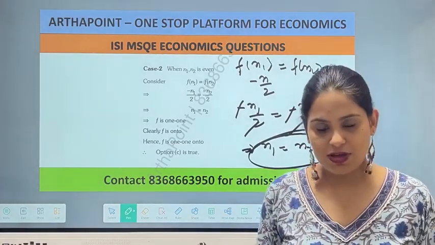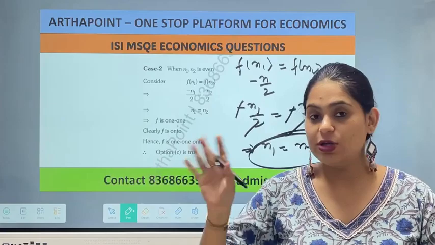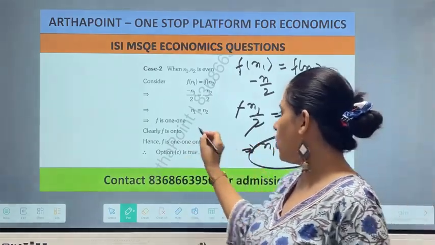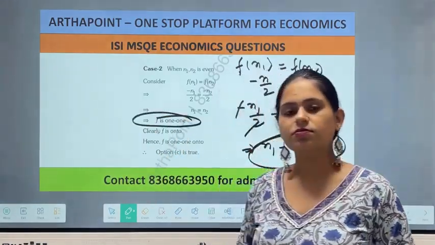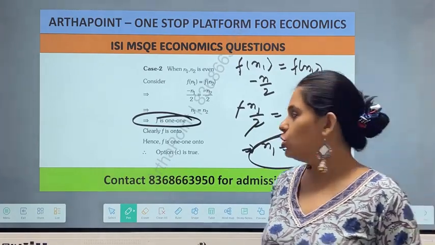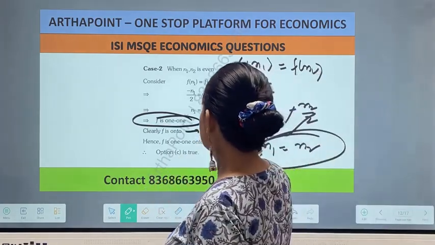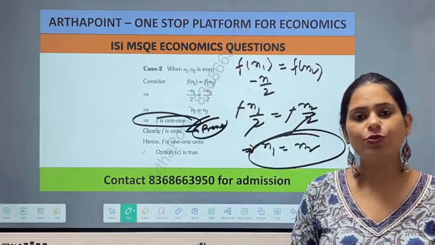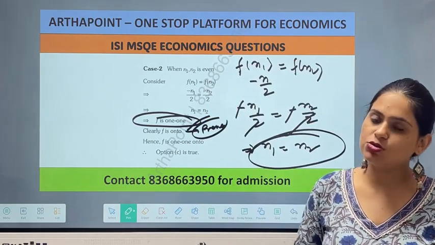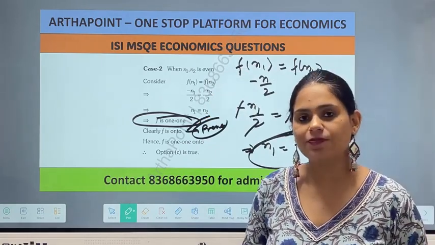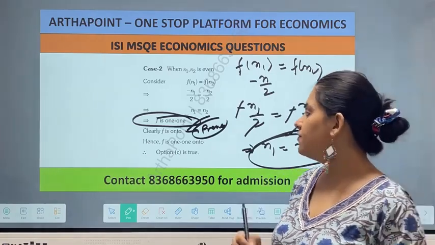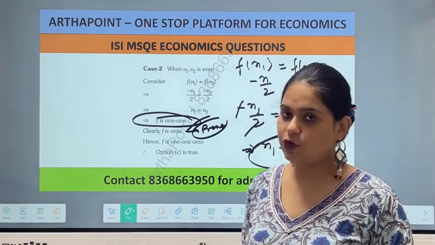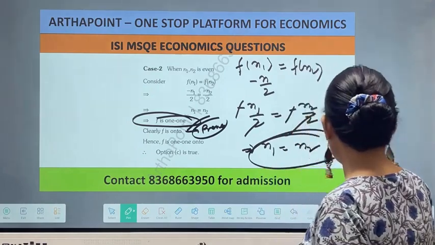Homework for you. You will prove this. That is why I haven't written anything here. You will go ahead and prove to me that it is also an onto function. So it will be both one-to-one and onto, and therefore all of you who are saying that the correct answer should be C are correct, that it is both one-to-one and onto.